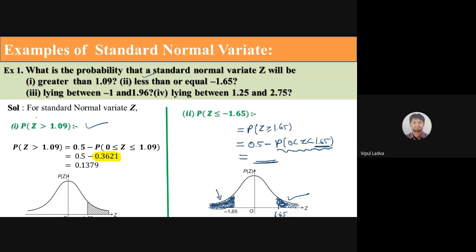Now look at a similarity and a contradiction between these two. Here I was dealing with strictly greater than, and here I am dealing with greater than or equal to. If in the first question it was greater than or equal to, it would make no difference; it would be the same.